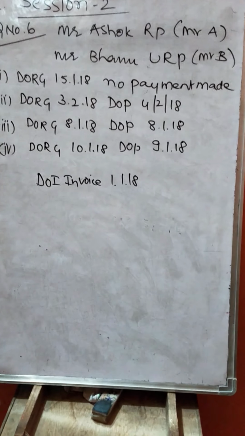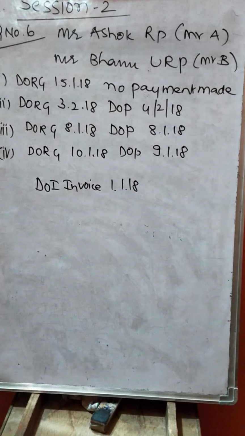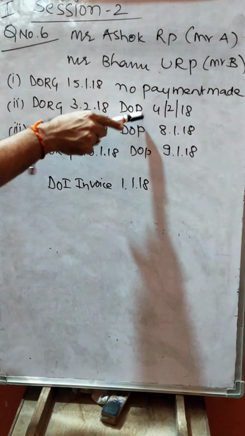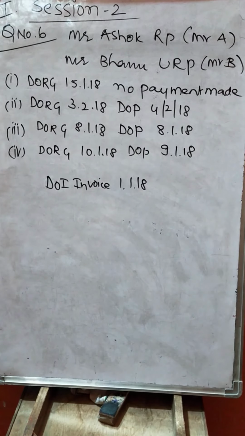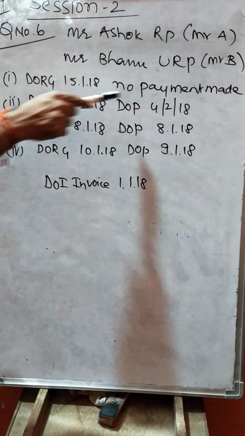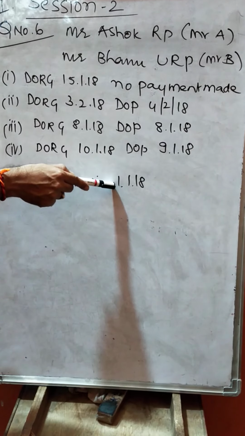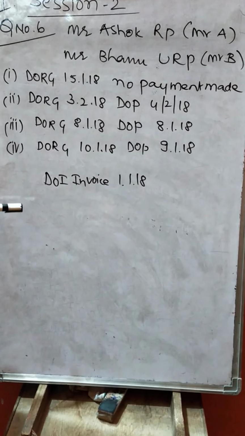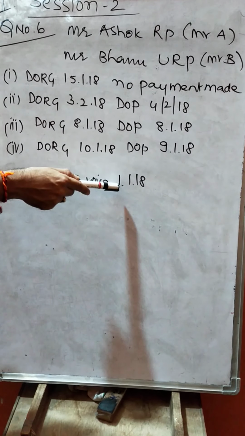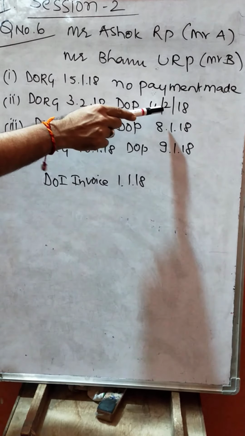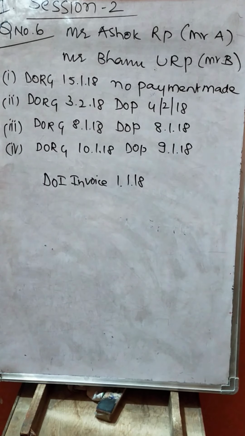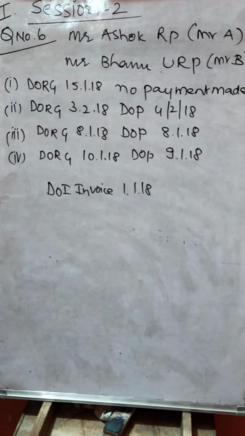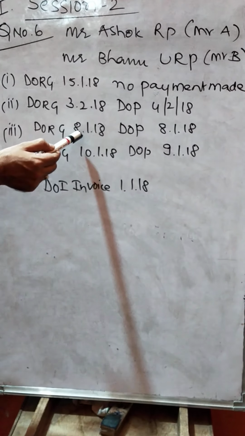Look at the second situation. Date of receipt of goods is 3rd February 2018. Date of payment made, date of payment recorded is same date, that is 4th February 2018. So 3rd February, 4th February, this is 31st January or 1st February. So whichever comes earlier, 1st February comes earlier, because the date of payment recorded, date of payment made, both are same. Then third situation, date of receipt of goods is 8th January.